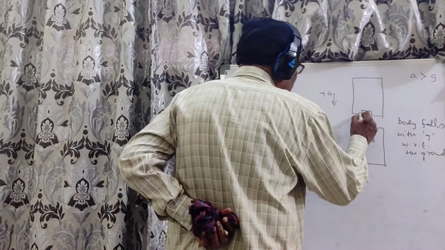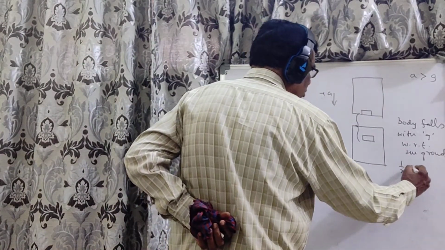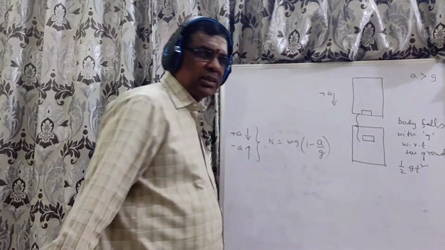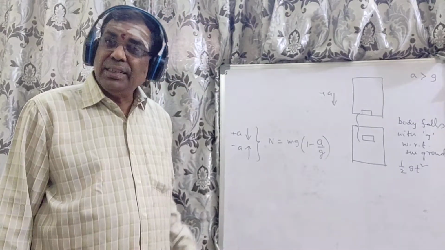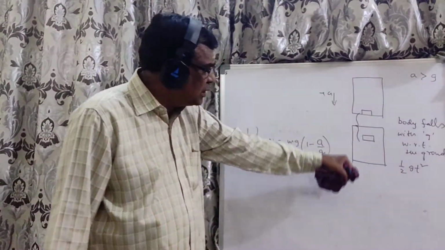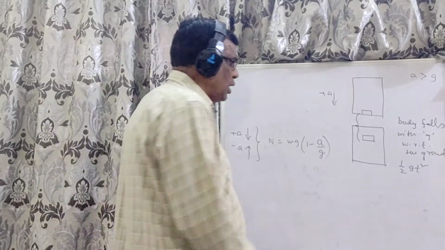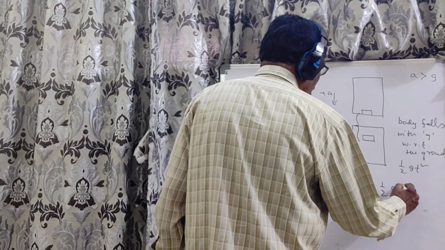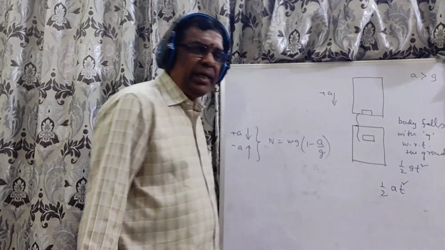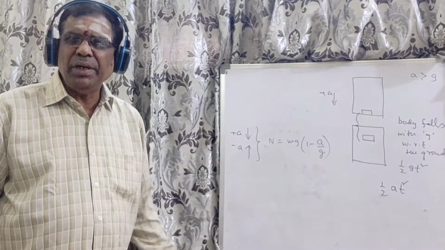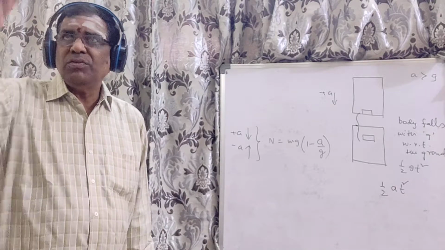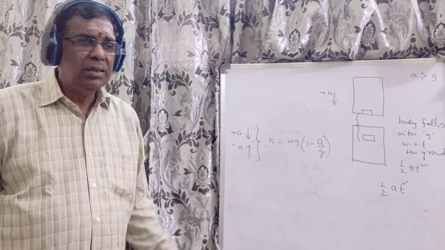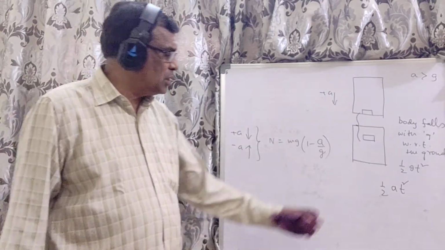So in time t, how much has it travelled? Half g t square only. In the same time, how far has the elevator come down? Half a t square. Maybe a is 15 meters per second square, with initial velocity 0, this is how far it has come.